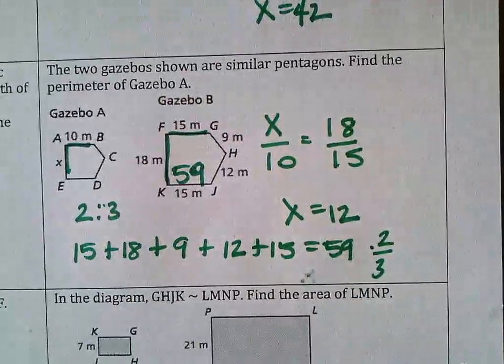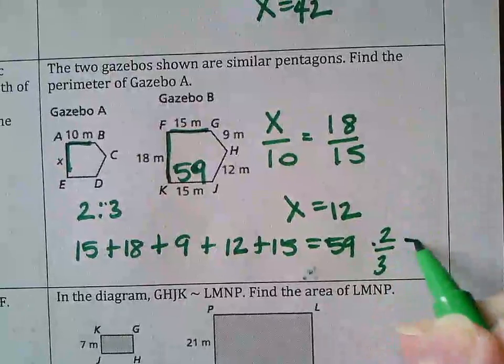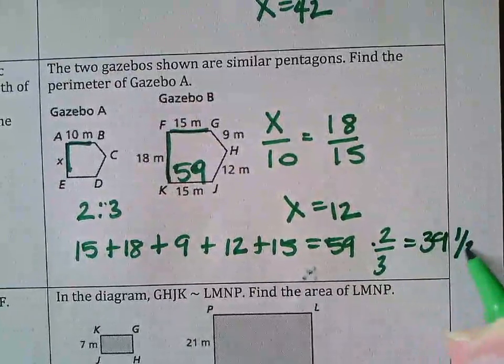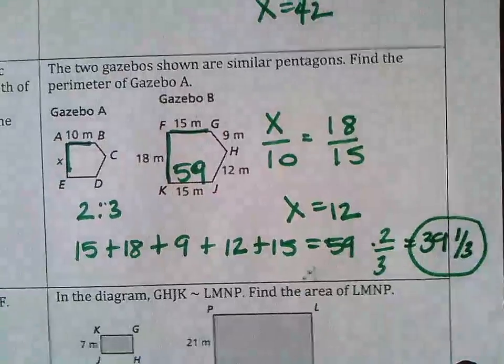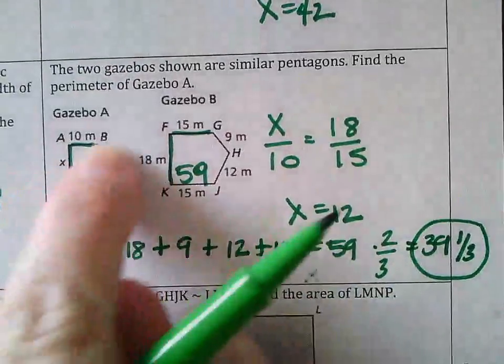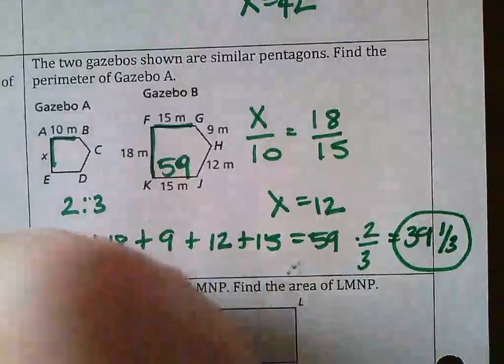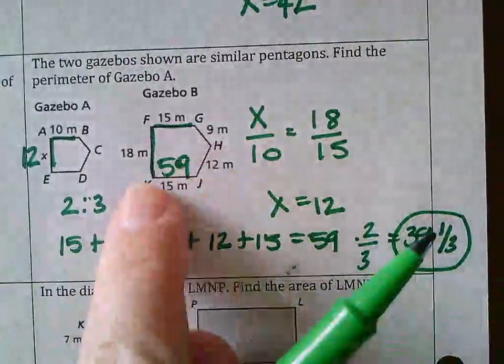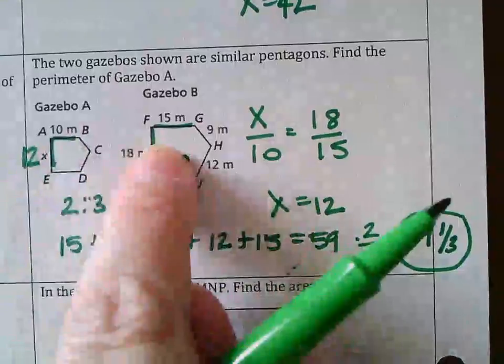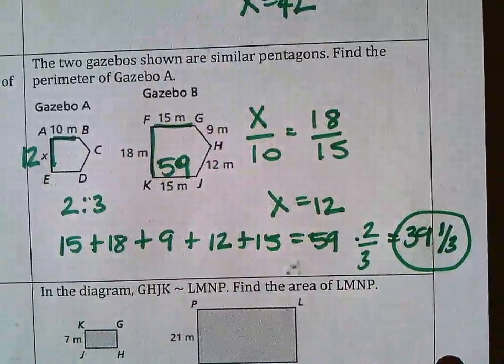No, it's 39 1/3. And that is the perimeter of this figure. This one side is equal to 12, but the perimeter is actually 2/3 less.